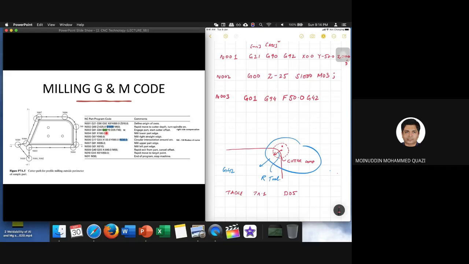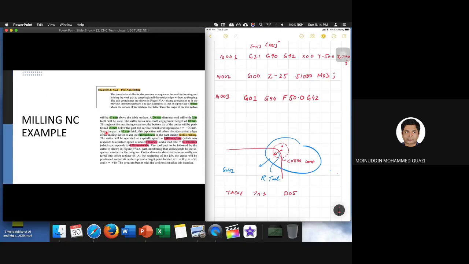If I go and check my problem also, a 20 millimeter diameter means 10 millimeter radius, 4 teeth will be used, 40 millimeter cutter position. Since the part is 10 millimeter thick, the Z position will be okay. Cutter diameter data has been manually entered in the offset register 05.